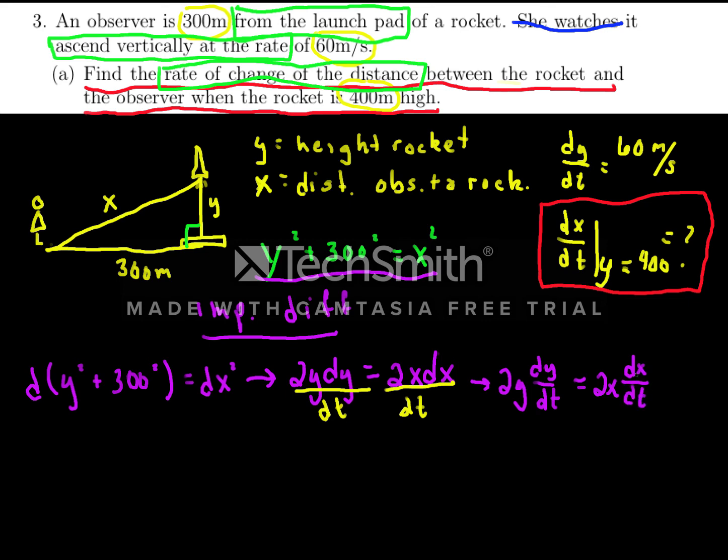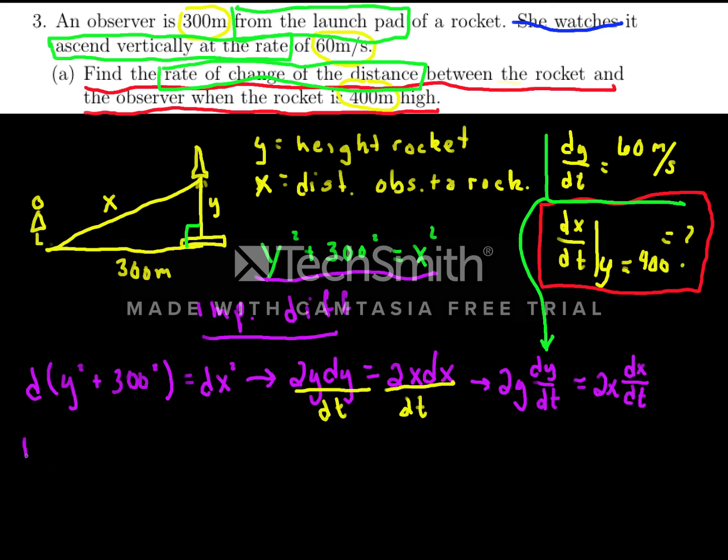and I know something about dy dt. I know that dy dt is equal to 60 meters per second. So I can replace that there. And so this whole expression becomes that 60 times 2 is 120.